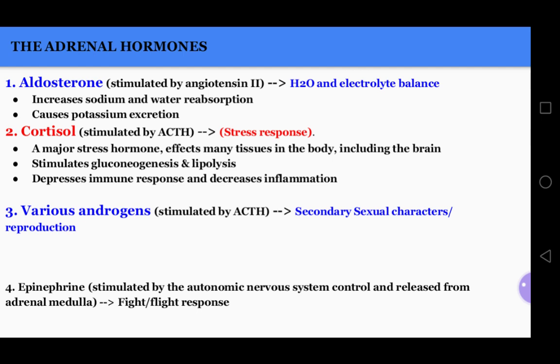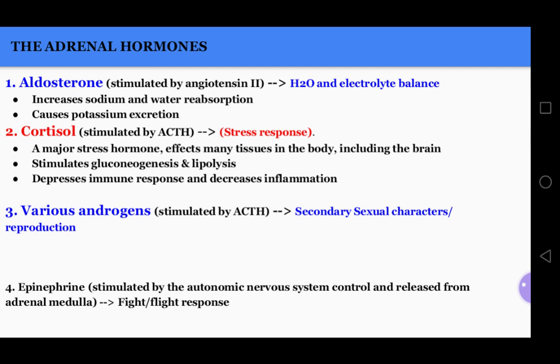Next, various androgens are produced by the adrenal gland. These are also stimulated by ACTH, and these are responsible for secondary sexual characters and reproduction. Epinephrines are secreted by the neuroendocrine cells of the adrenal medulla.